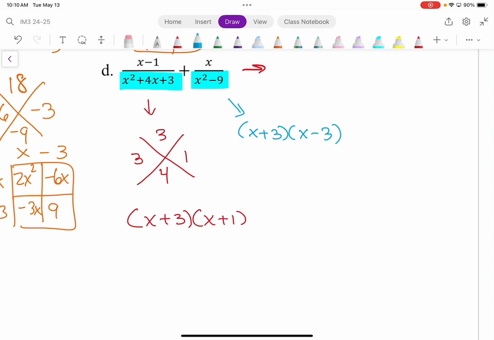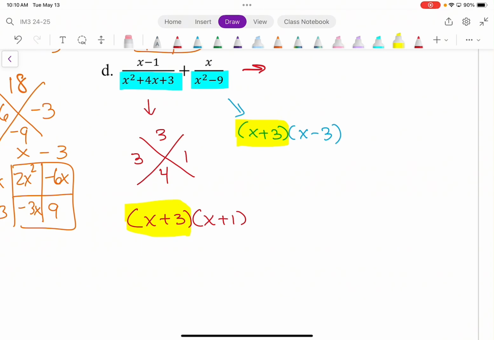Okay. Now we have to identify the common factors between these because we need to figure out what the LCD will be. So look at both of our factored forms. What is a factor that is already shared by our two denominators? X plus 3 is already shared by both of these.